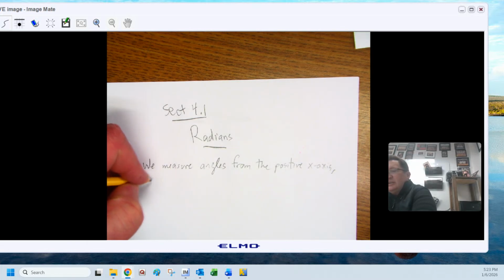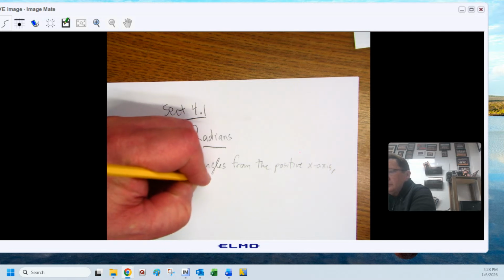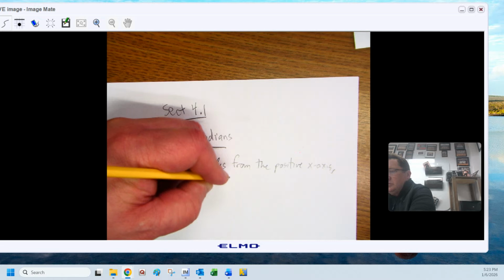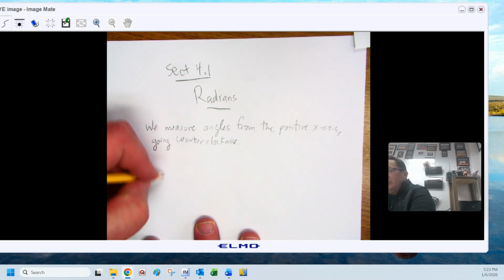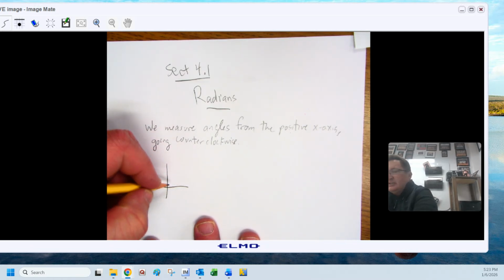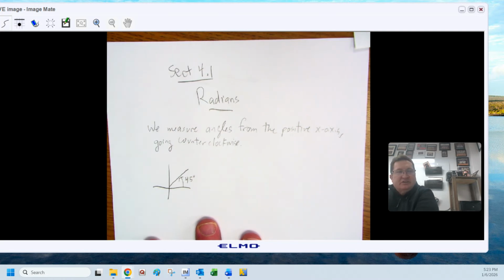And then we'll go counterclockwise. So let's talk about that. For example, if we stay in degrees because you're more used to that, this angle might be 45 degrees. Notice that we started on the positive x-axis.